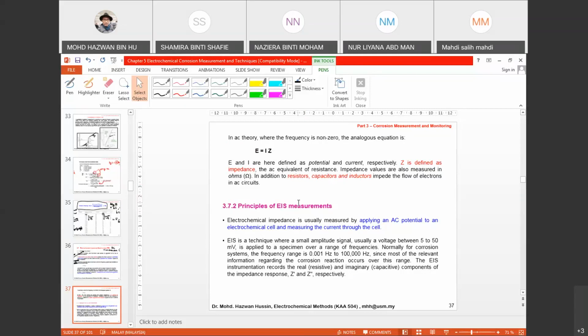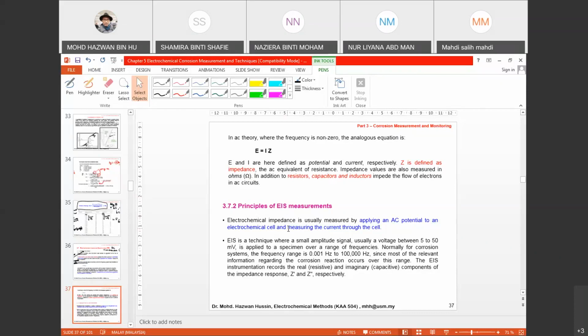You have to differentiate the two, because the factors influencing the flow of electrons in a direct current system is the presence of a resistor. But in an AC system, the factors that influence the flow of electrons are the presence of capacitors and inductors created from the alternating current process.